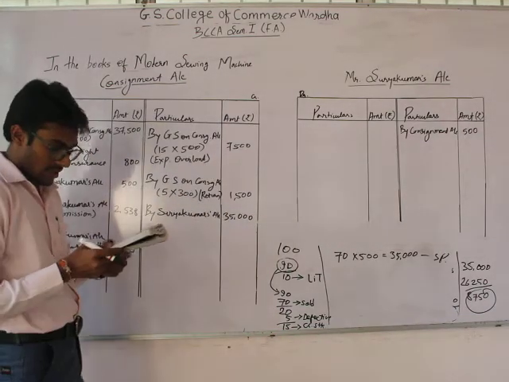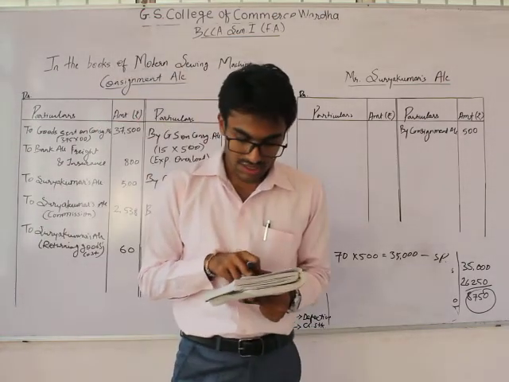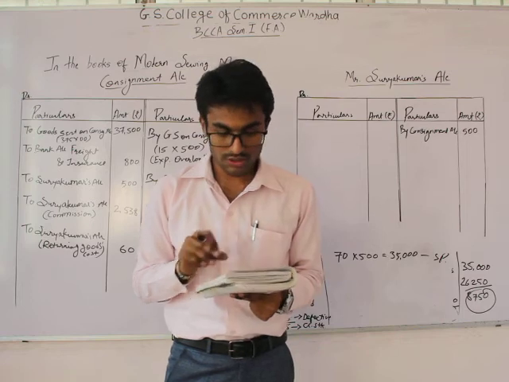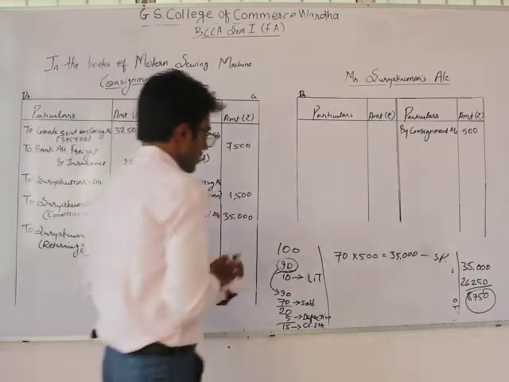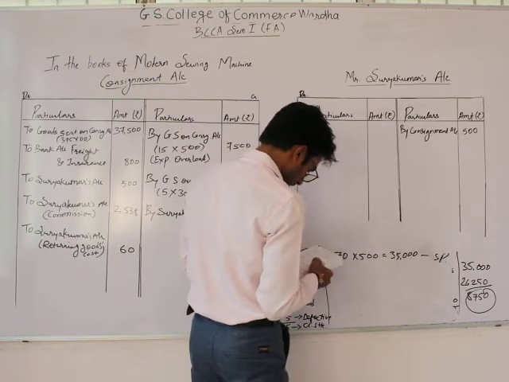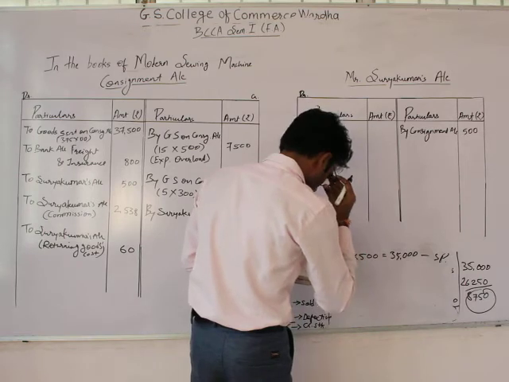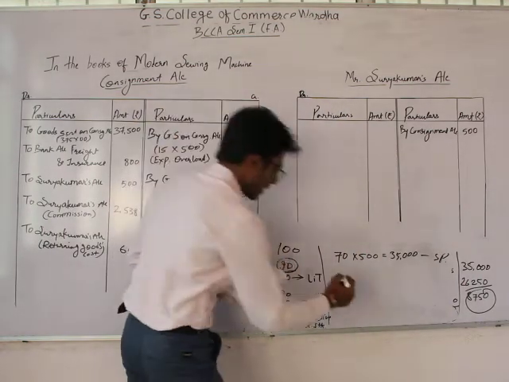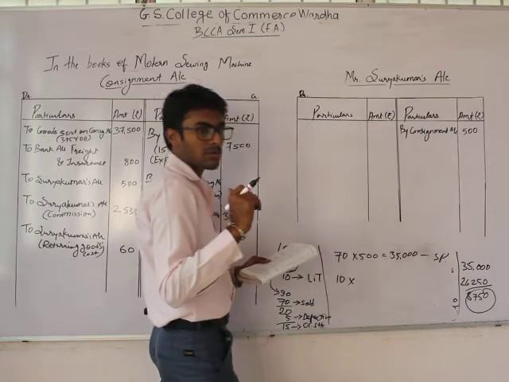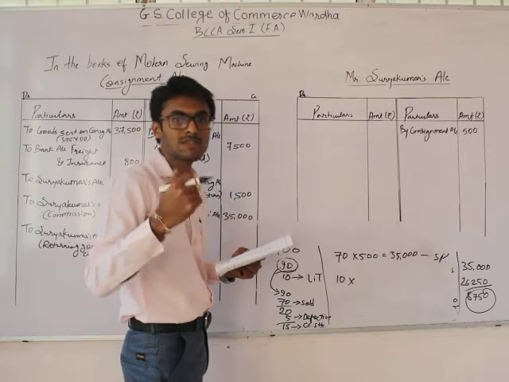Done. Now there is one transaction, 10 units lost in transit. So how can we calculate loss in transit? This loss in transit can be calculated as 10 units at cost price, and cost price is 300, invoice price is 375, selling price is 500.